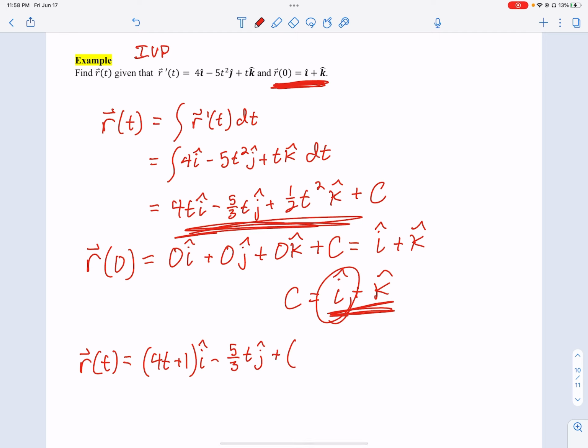Then plus, and then we'd have 1/2 t squared. There's a 1 k here, so I'm going to add plus 1, and that's my k. So there was my function. What an IVP does is it allows us to go backwards to get plus c's in our integration, but it allows us to solve for that plus c. That's all that's doing.